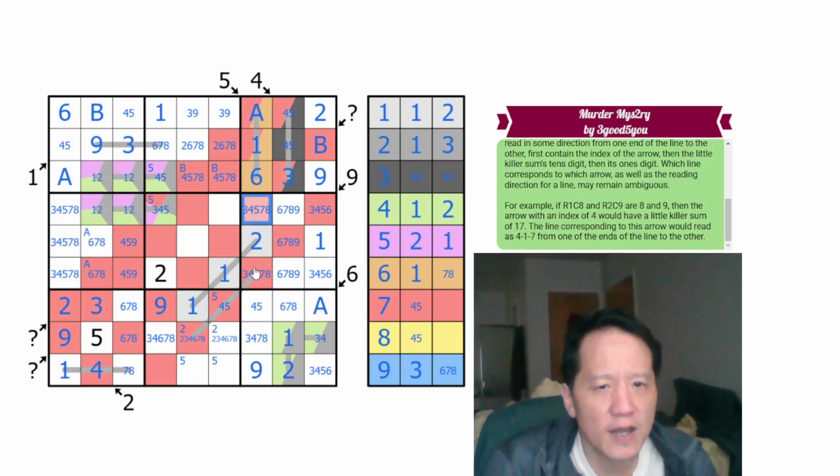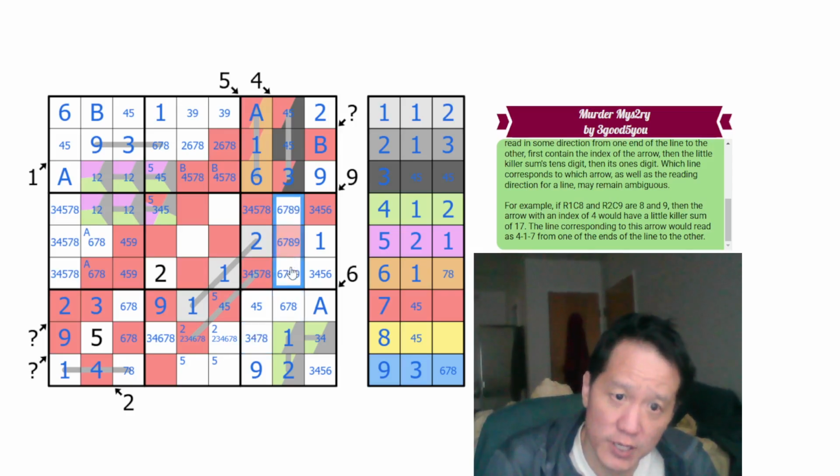So B has to be one of... B is one of these two. A has to be one of these three.